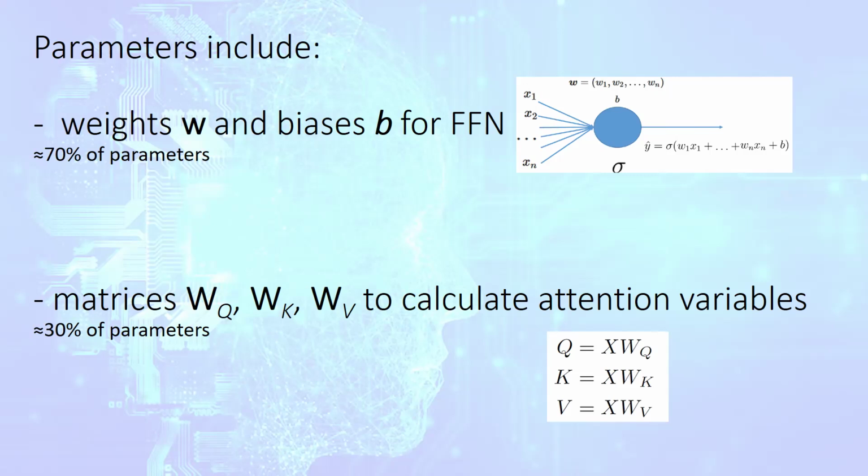It constitutes about 70% of the parameters of a large language model used, for example, in GPT-4. And to calculate attention vectors, we need matrices used for the transformation of queries, keys, and values. These matrices constitute about 30% of the parameters.